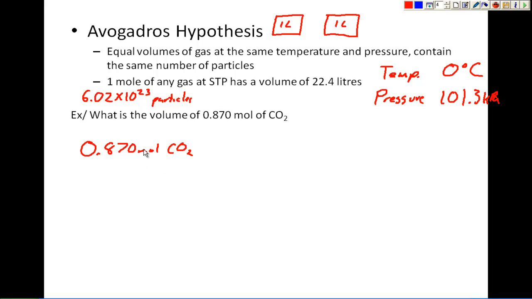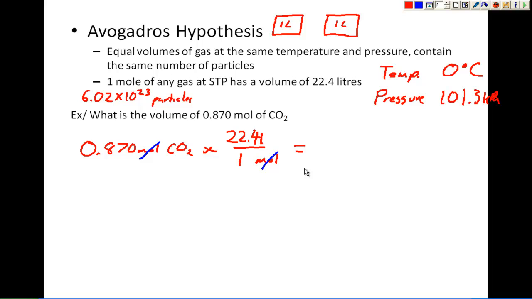So I don't want to know the moles of CO2, so I'm going to put moles right here. When I have moles divided by moles, I know that this is going to cancel out. And the unit that I do want is liters. So this is going to be 22.4 liters is equal to 1 mole.